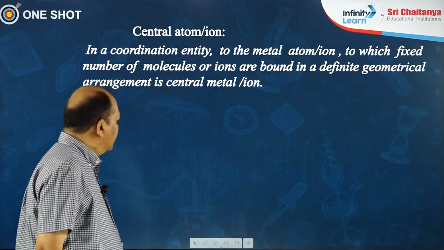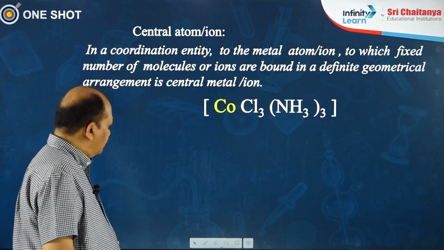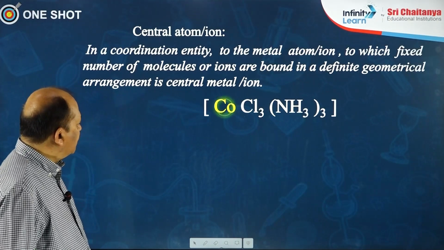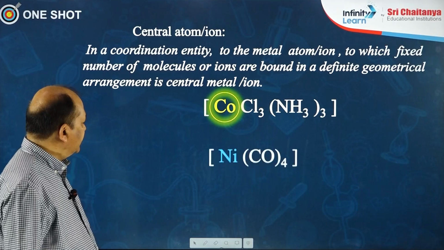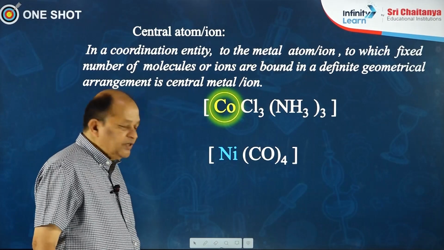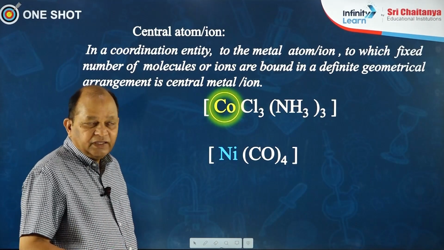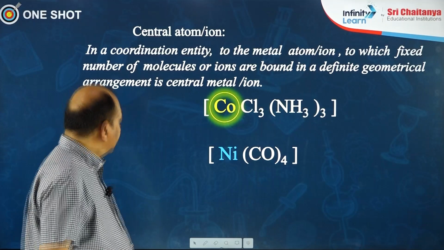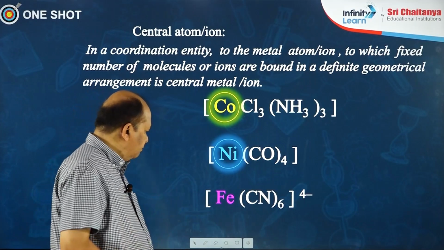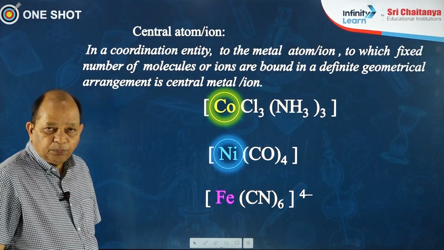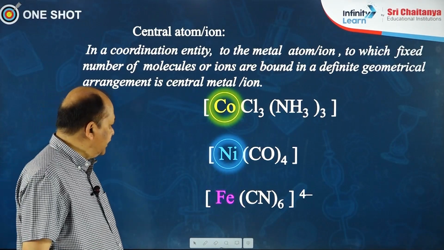Now, you see this complex, it is a cobalt complex in which cobalt 3 plus ion is the central metal ion. This is a nickel complex in which the nickel atom is the central metal atom, and the third one is this iron complex in which Fe2 plus is the central metal ion.